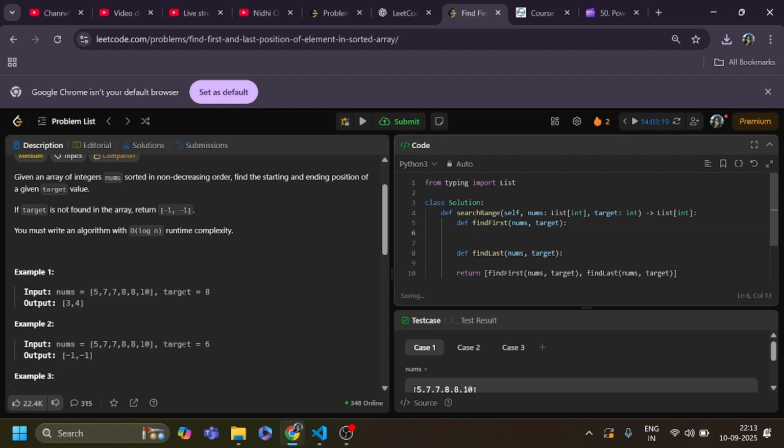Find the first and ending position of a given target value. So here I need to write left comma right.